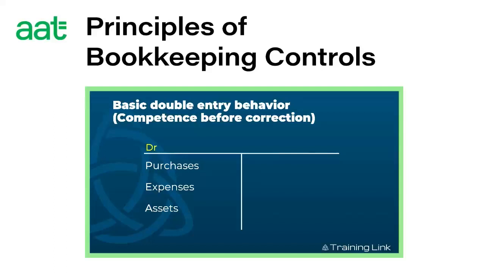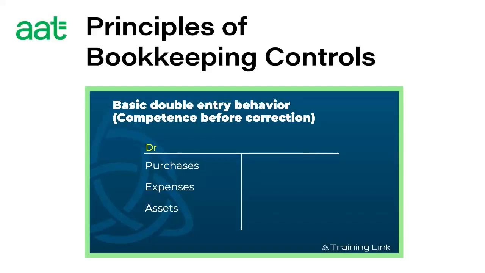Now, the important thing to recognize with this, and I think it's where some people do go wrong, is that every account can be debited or credited. So I think there's a tendency to go, right, purchases, they're a debit, expenses, they're a debit, assets, they're a debit.